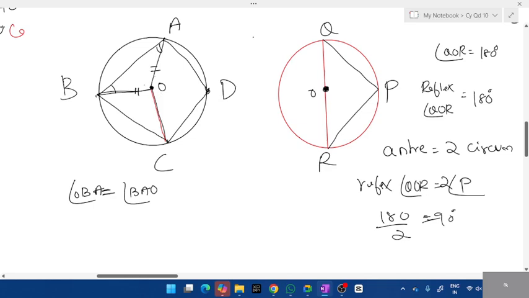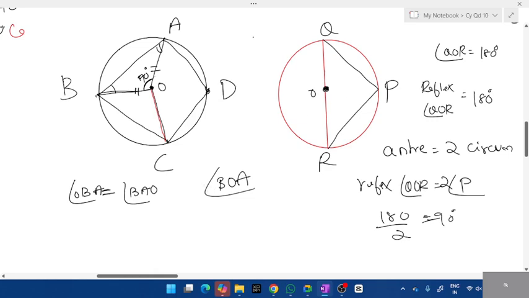It'll give you one angle, say, 70 degrees. Then it's a separate triangle. Look at triangle BOA. You have to use the interior angle concept. Sum of interior angles is 180. This is how you solve it.